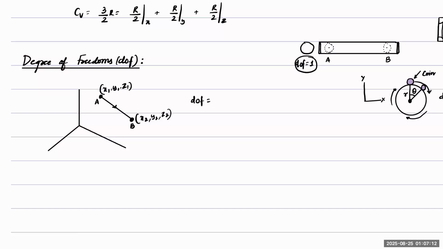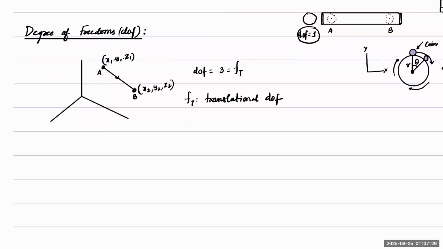It will have only 3, and all 3 will be translational degrees of freedom, correct? Which we call FT. So FT represents translational degrees of freedom. Okay, everybody clear on that?